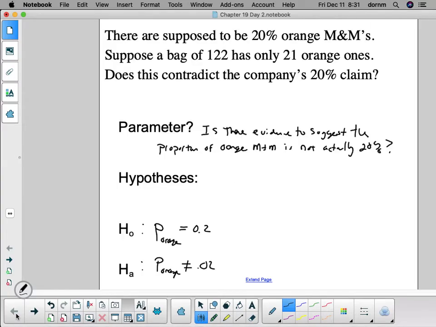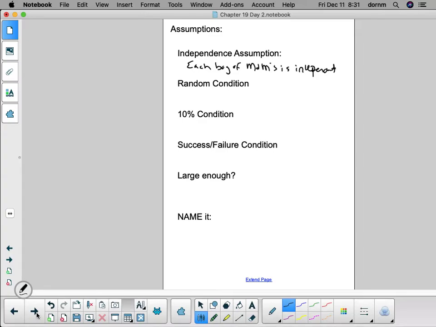Again, it's not stated that it's a randomly selected bag, but every bag is a random collection of M&Ms. That's reasonable. 10%, okay?